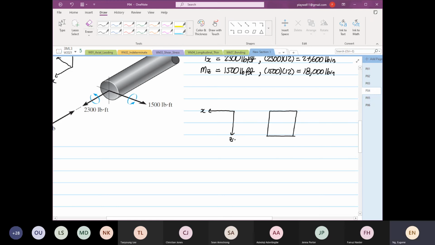So we want to find what is our shear. We know that we have stresses coming in the x direction, not forces, sorry. So we want to determine our stress x, our tau xz, which is equal to tau zx. We don't know what they are. So let's find the normal stress.